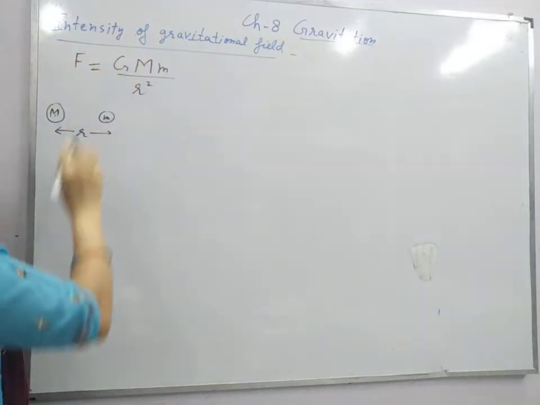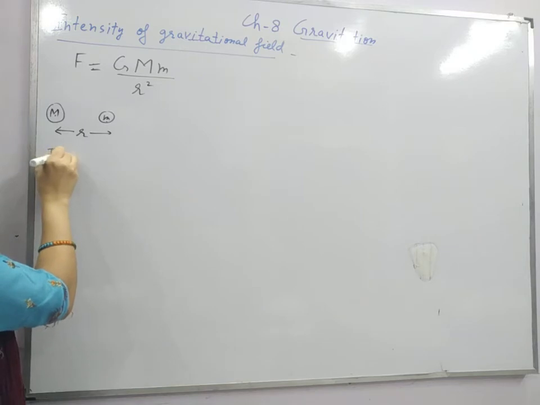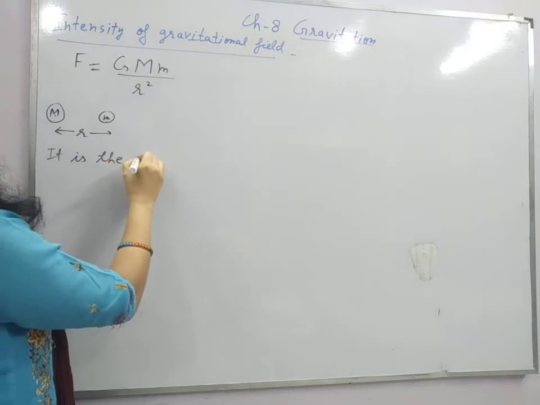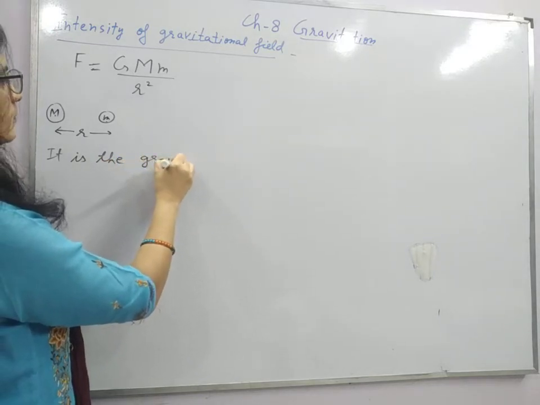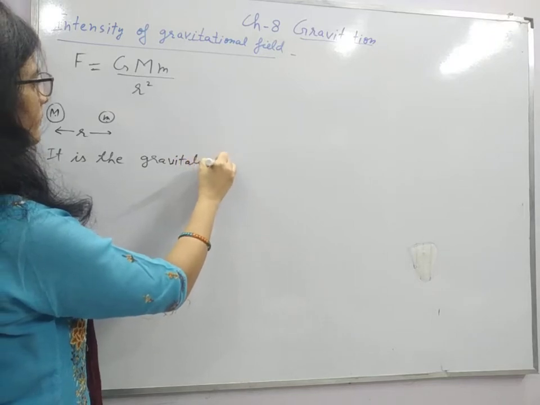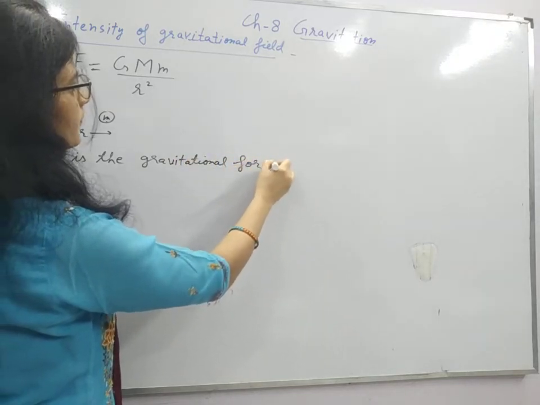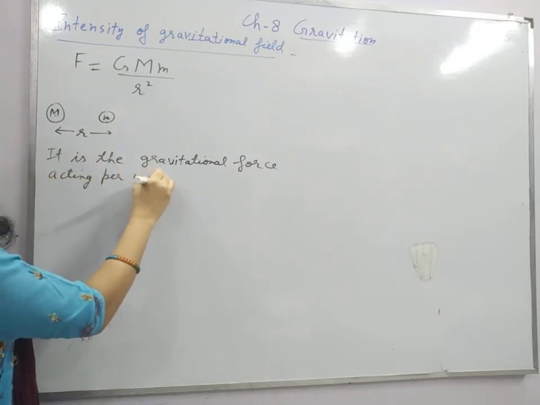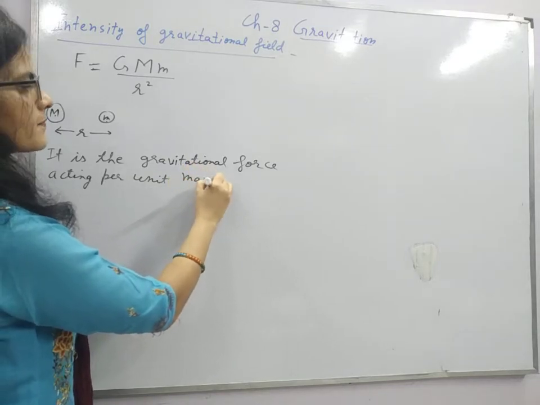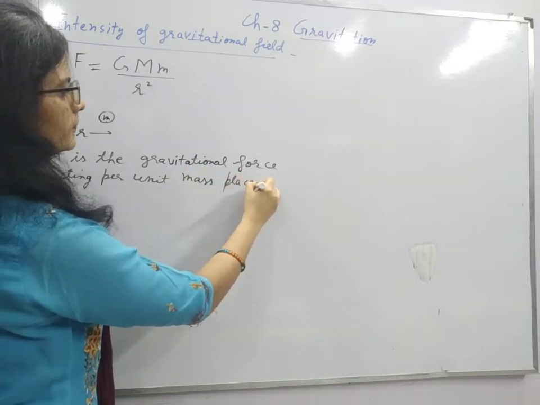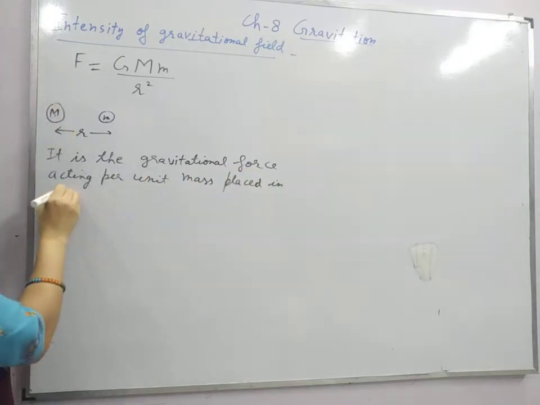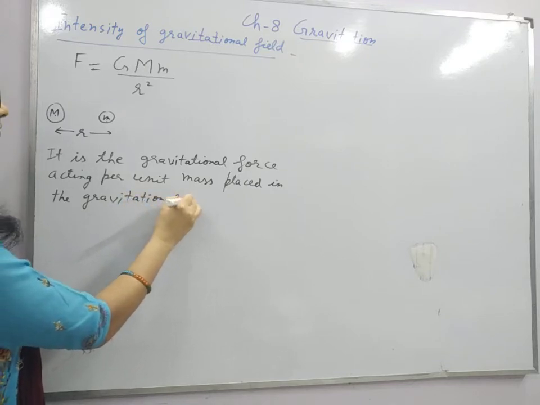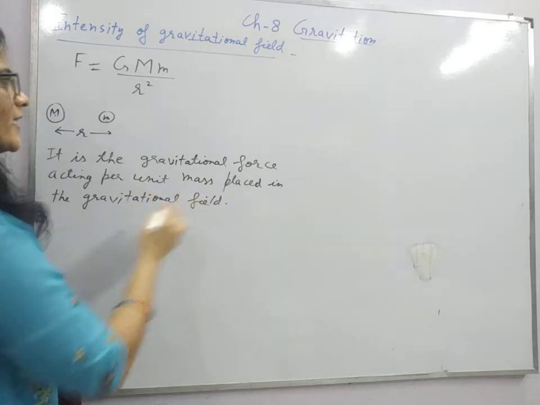So intensity of gravitational field can be defined as the gravitational force acting per unit mass placed in the gravitational field.